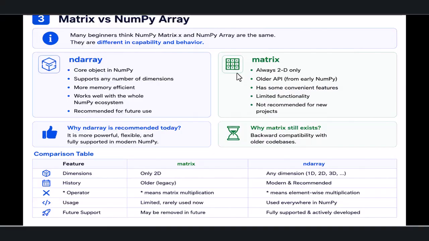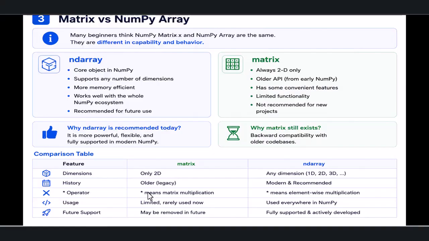The table at the bottom summarizes the main differences. First, notice the dimensions. A matrix is limited to only two dimensions, while ND array can represent data of any number of dimensions. Next is history. Matrix is considered a legacy feature, whereas ND array is the modern and actively maintained approach. One very important difference is the multiplication operator.